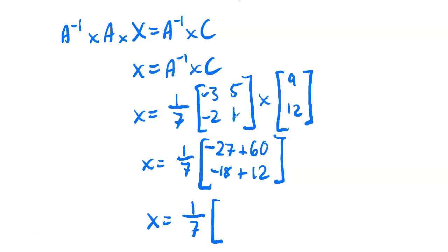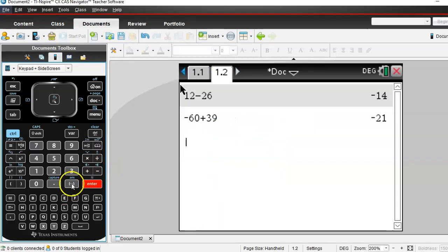Okay, again, I'm going to use my calculator to help me. Negative 27 plus 60 equals 33. And negative 18 plus 12 equals negative 6.